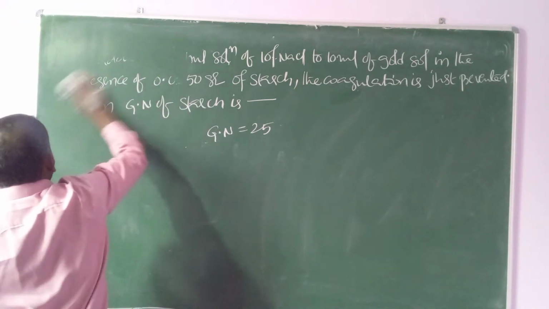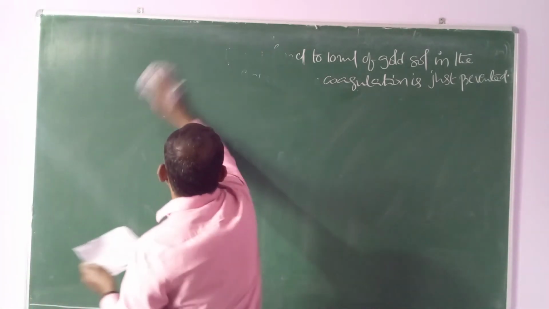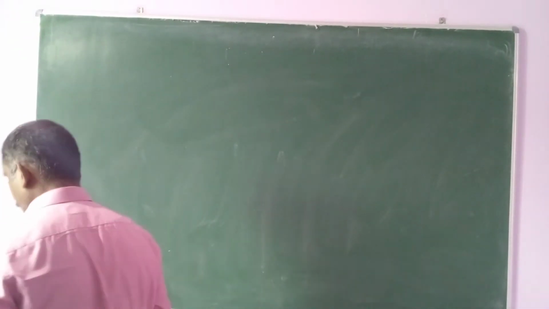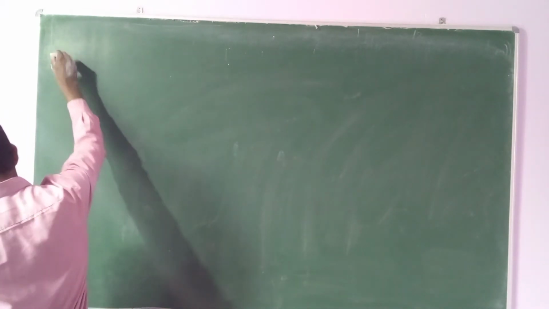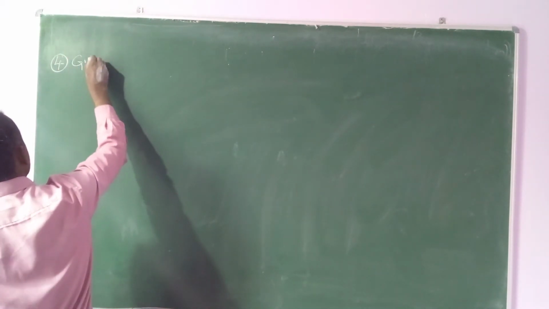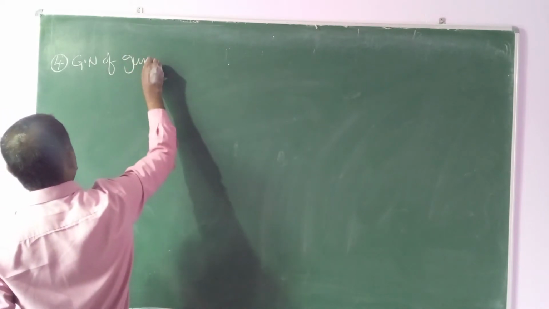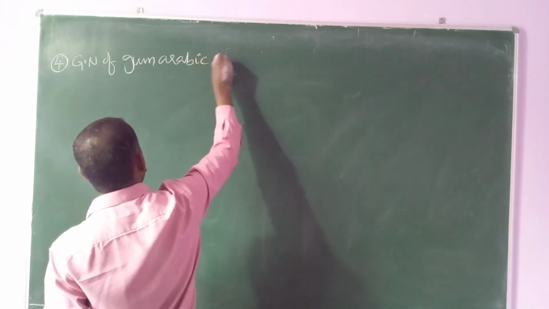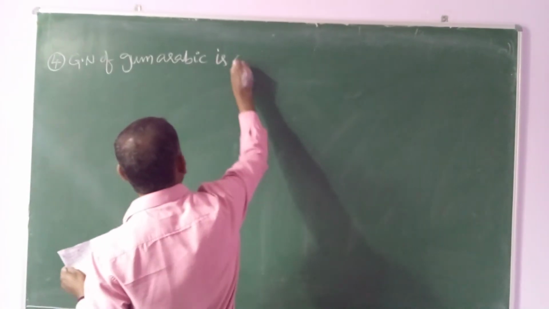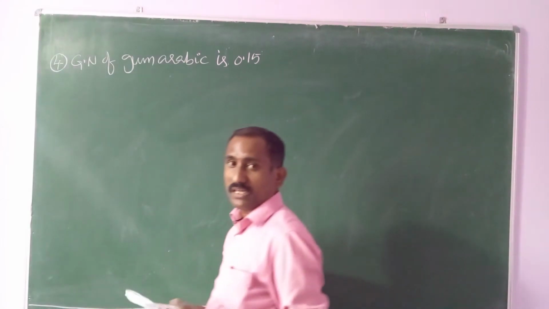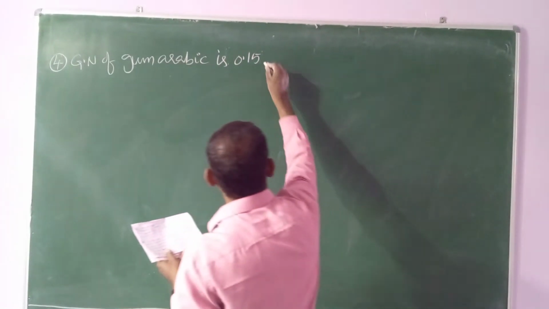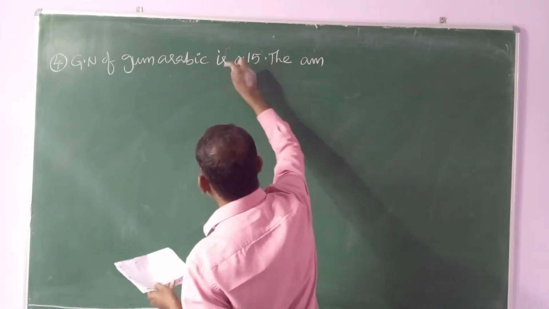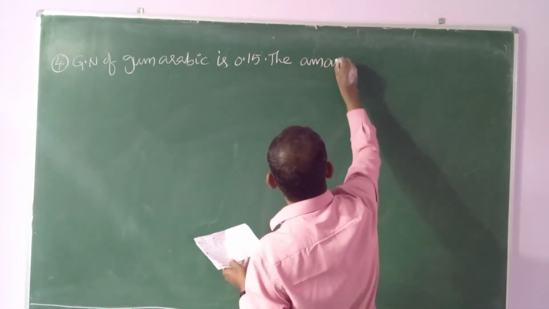Next, fourth one. The gold number of gum arabic is 0.15. They have only given the gold number.